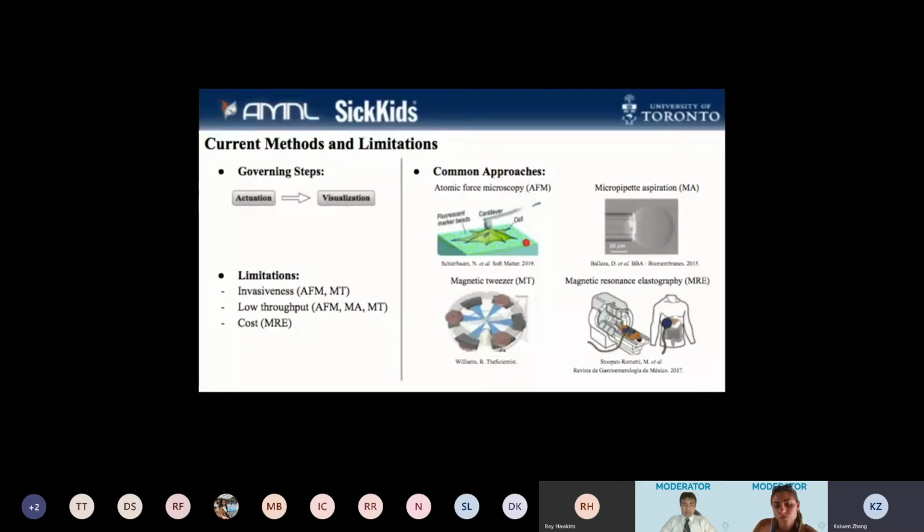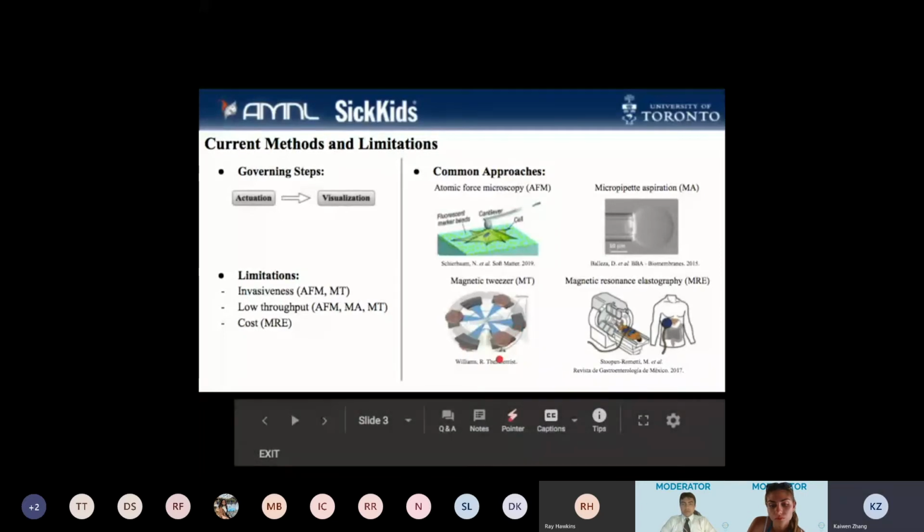Micropipette aspiration is often applied on a single cell by creating a suction. Magnetic tweezers use magnetic beads that need to be deposited into the sample prior to actuation, which is invasive because it creates little punctures to the sample.